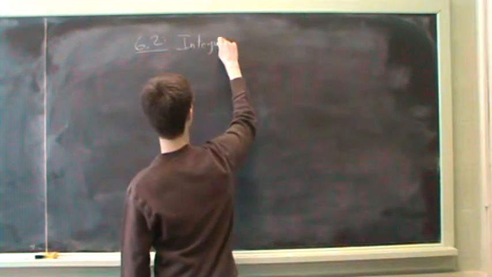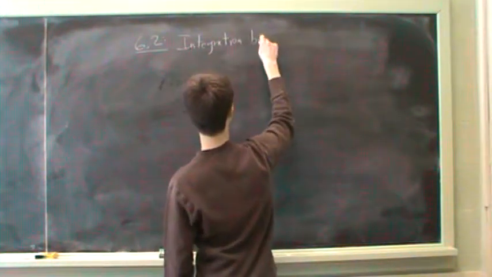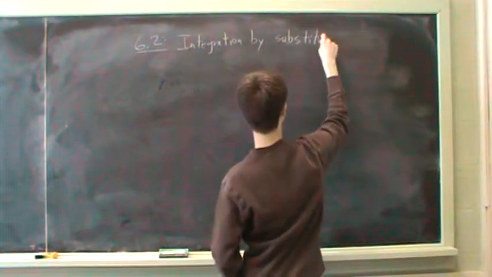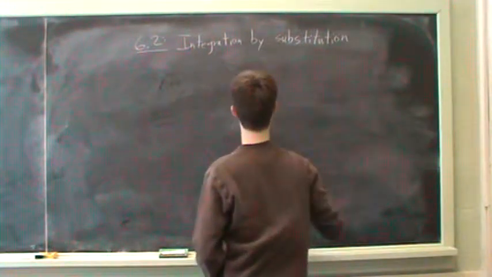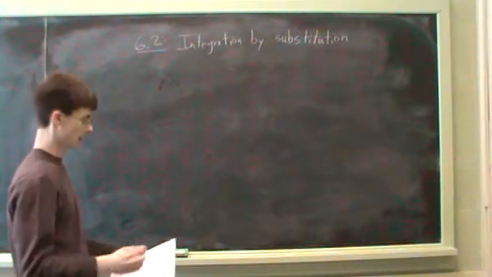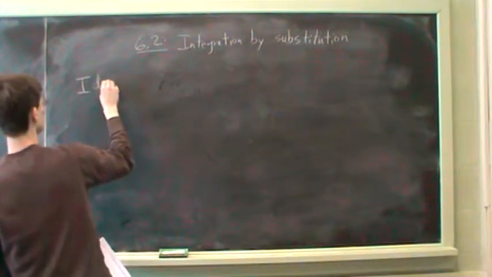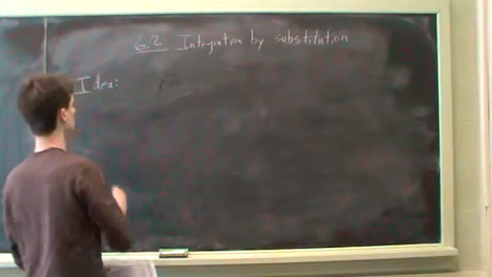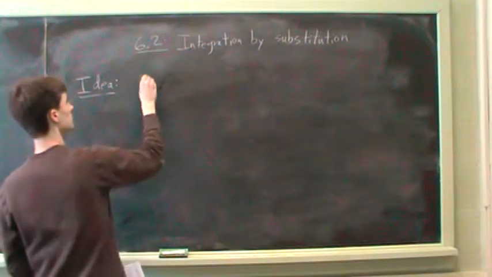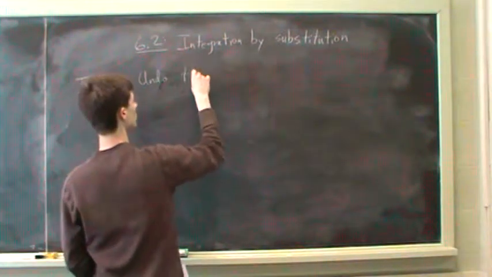All right, so in the next section, in section 6.2, we're going to learn about integration by substitution. And the idea here is basically we want to undo the chain rule.